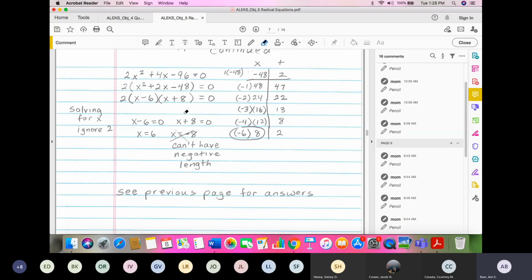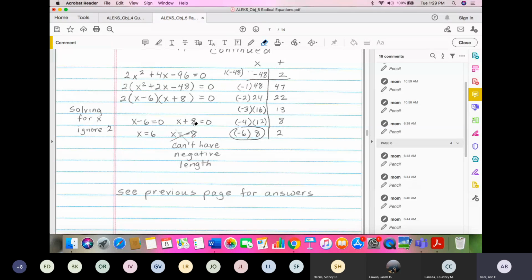And now, what are we solving for? Remember, our shorter leg is x. We're solving for x. These are factors. 2 is a factor, x minus 6 is a factor, x plus 8 is a factor. This 2 has no x in it, so we ignore it. We're only solving for x here. So x minus 6 equals 0, x plus 8 equals 0, and then we add 6 to both sides, so we end up with x equals 6.